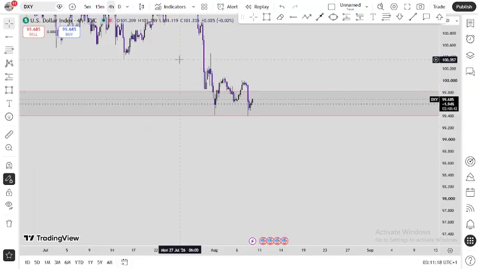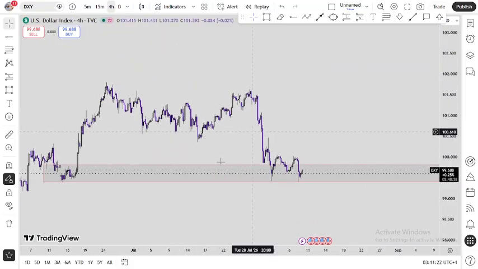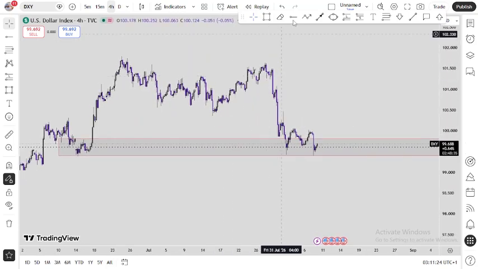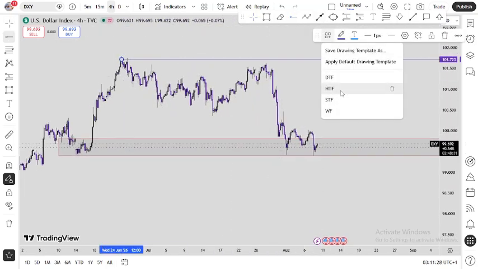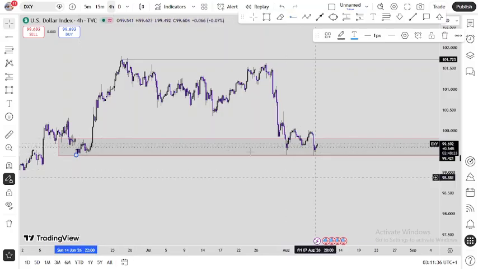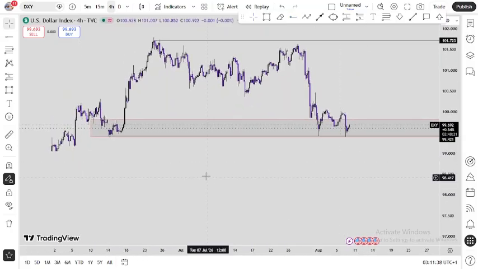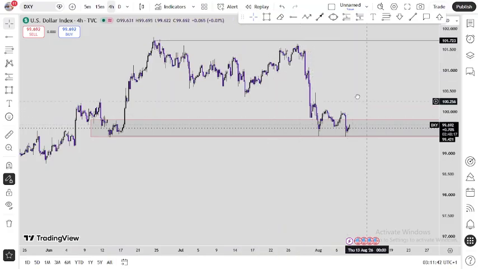So on the 4H, this is the 4H. We have our major areas here, and then this major 4H higher low here, that if broken would signify the continuation of this bearish nature.